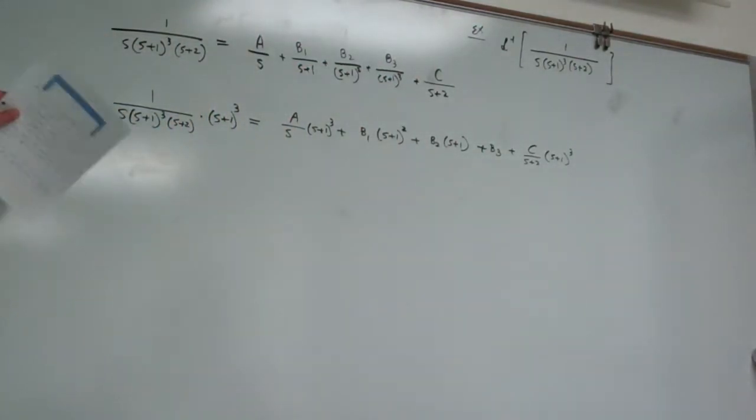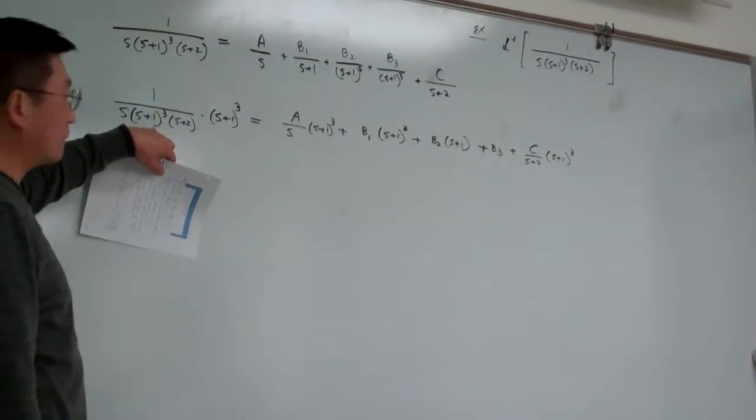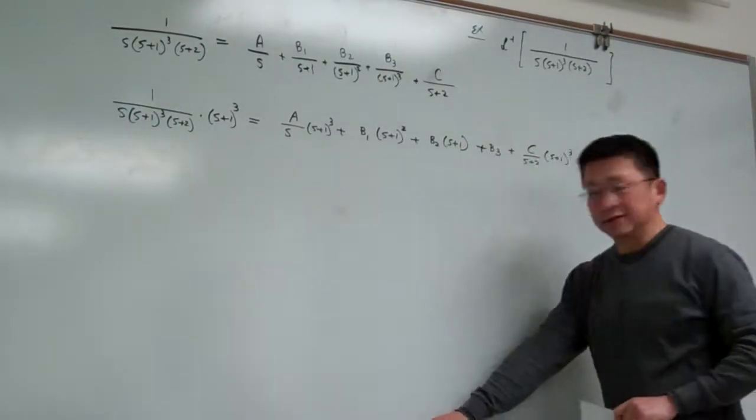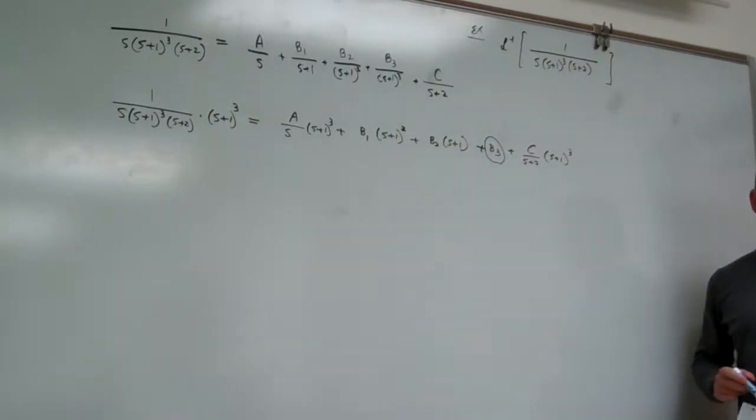So here I multiply both sides with the highest order terms that appear here. So from here you observe the right-hand side of this equation. You can see right now B3 stands out alone.